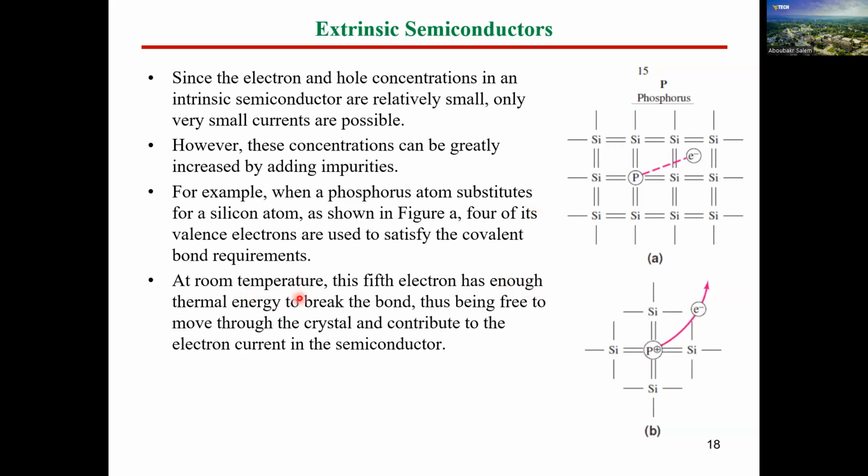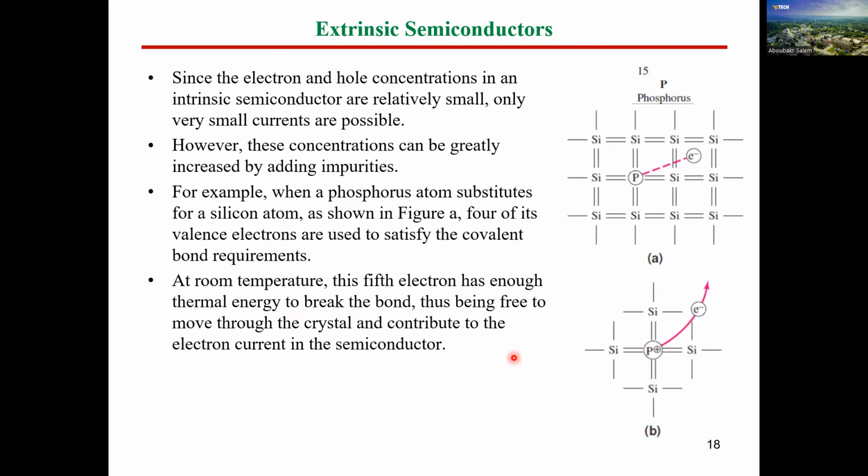At room temperature, 300 Kelvin, this fifth electron has enough thermal energy to break the bond, just at room temperature, guys. So at 300 Kelvin, this free electron can break the bond and start moving, thus being free to move through the crystal and contribute to the electron current in the semiconductor.